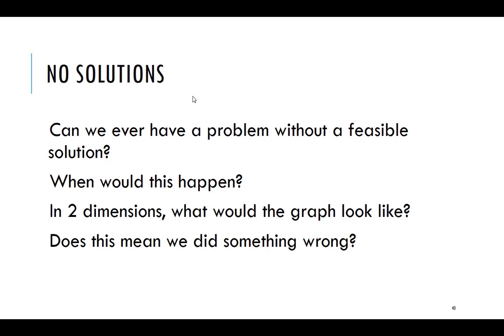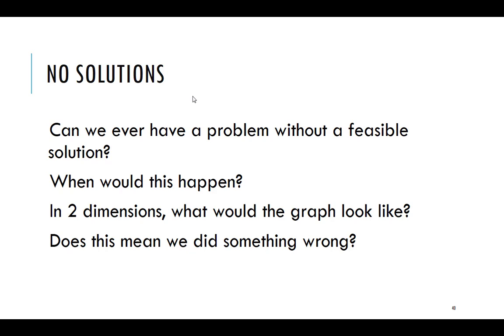You can get back a result from the solver that says unable to find optimal solution, right? So what that means is we have some conflicting constraints somewhere, probably. We have a disjointed feasible region. So the feasible region has to be contiguous, right?